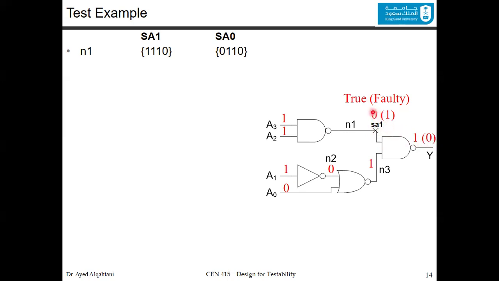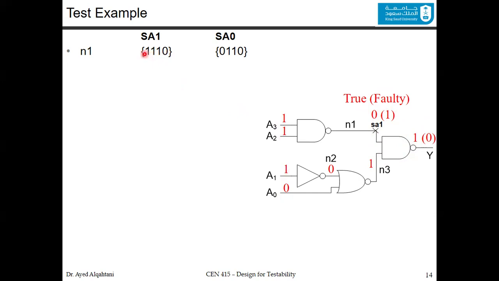So if you have 0 in the true and 1 in the faulty, and you have 1 here, you just work your way to the outputs. 0 and 1 in an AND circuit will be equal to 1. And the faulty will be the opposite, which is 0. This is why we write down 0, 1, 1, 1.